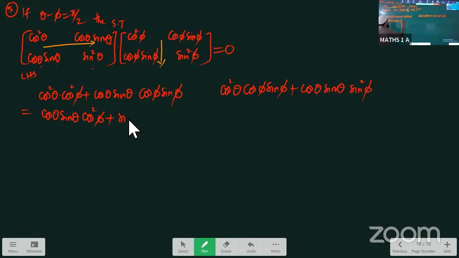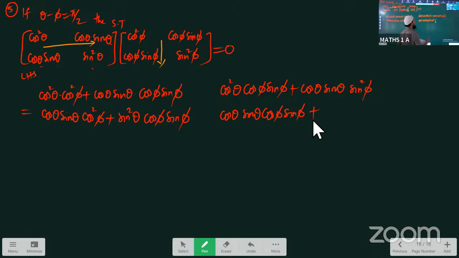In the same way, multiply the second row with the second column: cos theta sin theta into cos phi sin phi, plus sin square theta into sin square phi.